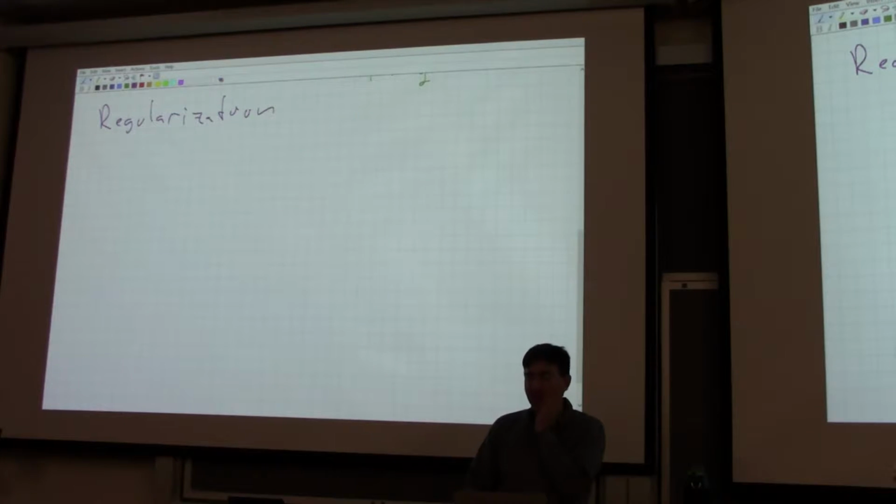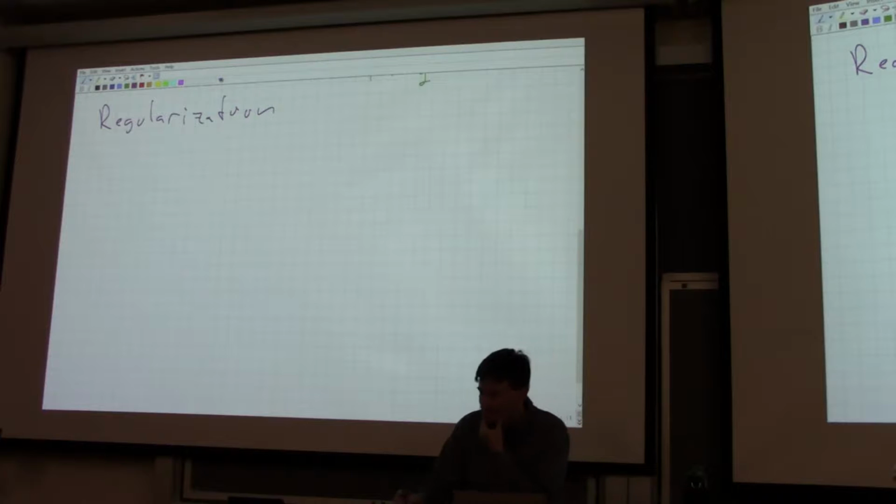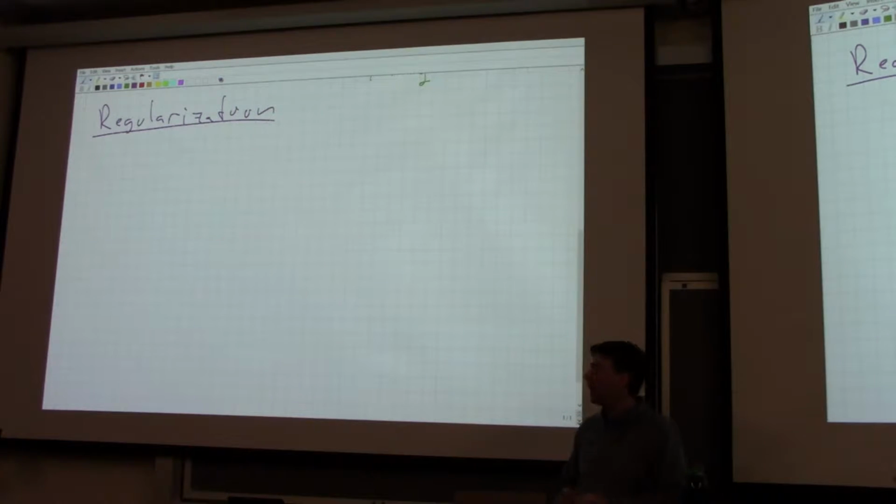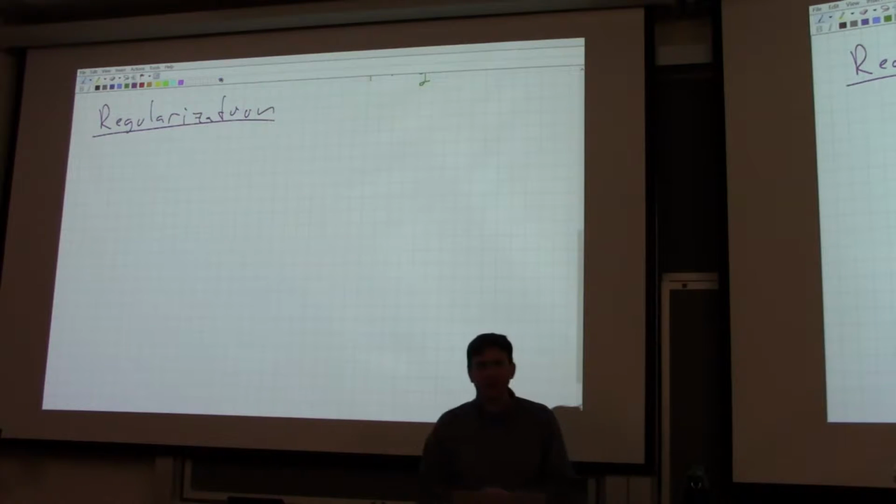Okay, and so the idea of regularization, we'll see one form of how to think about this. There are also a couple of other ways to think about it before I get into it.